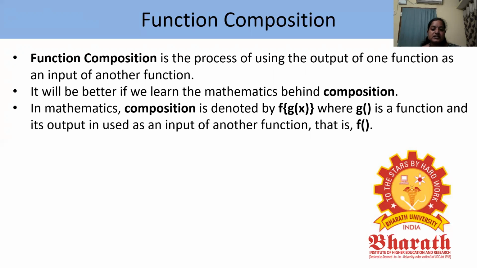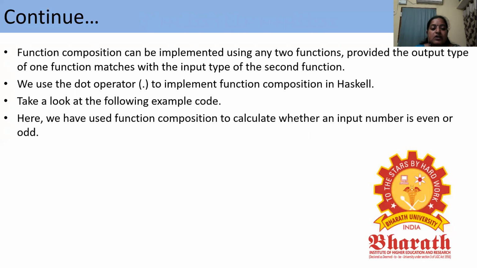In mathematics, composition is denoted by f(g(x)), where g is a function and its output is used as the input of another function, that is f. Function composition can be implemented using any two functions provided the output type of one function matches the input of the second function. We use the dot operator to implement function composition in Haskell.